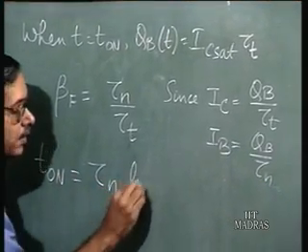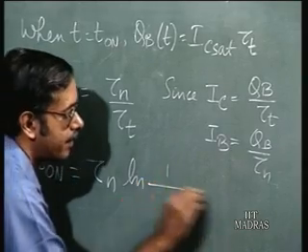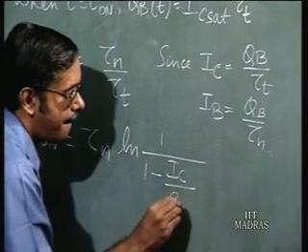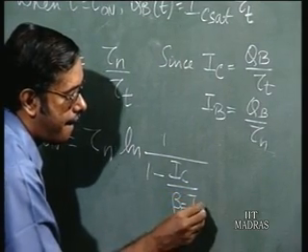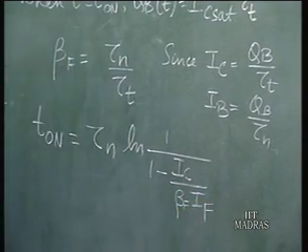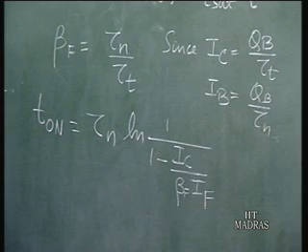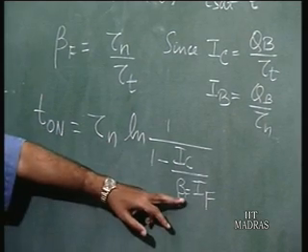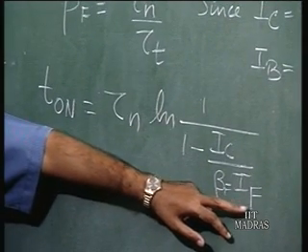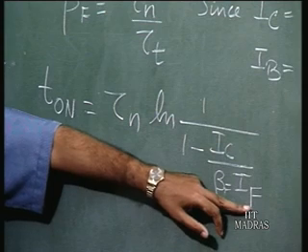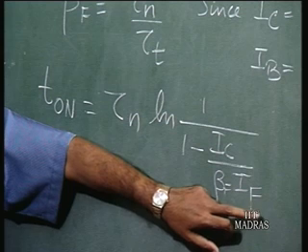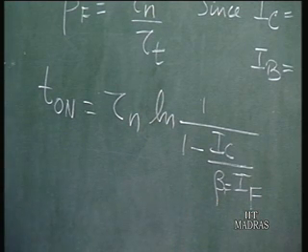T on is tau n ln, I think I called it IF. IF is of course the forward base current, the base current. I am writing it IF because later on we will see a reverse base current also. So, that is why I am writing IF here. IF is actually the base current that is flowing in.